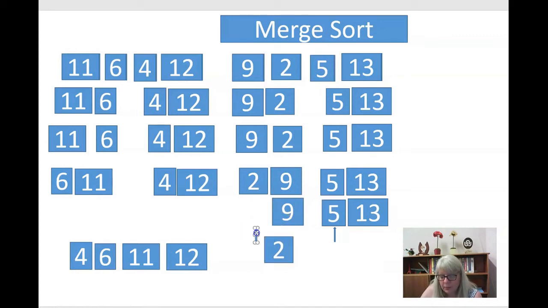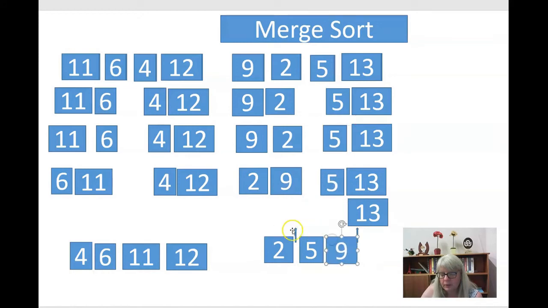Now the pointer is at 9, compare the 9 and the 5, 5 is smallest, move the pointer, compare the 9 and the 13, 9 is smallest, move the pointer, pointer falls out of the list, so stop that idea, take the longer list and move all the elements.